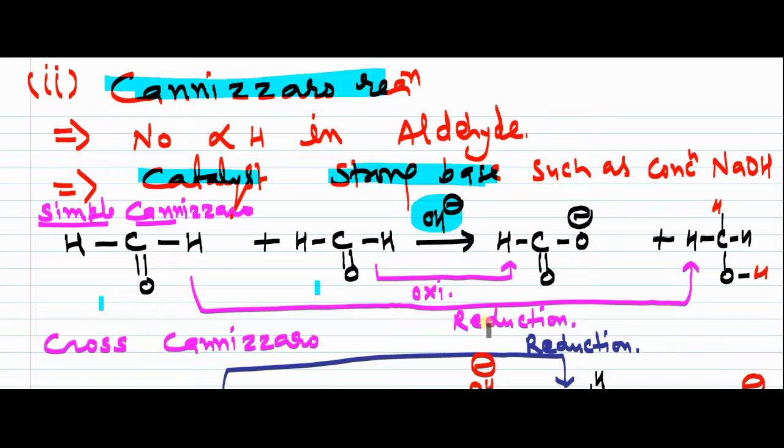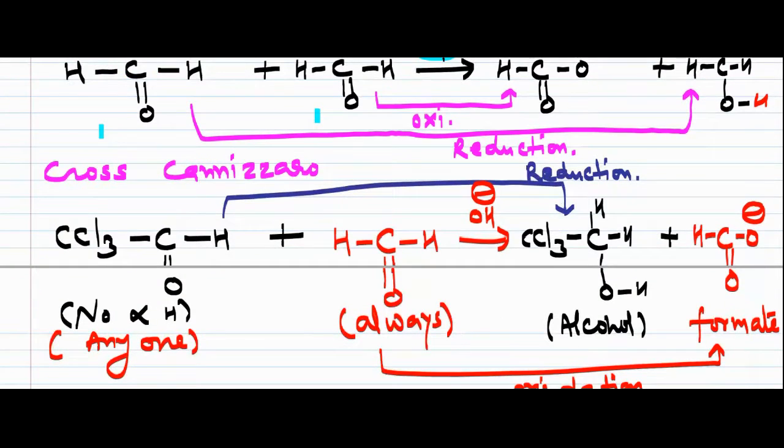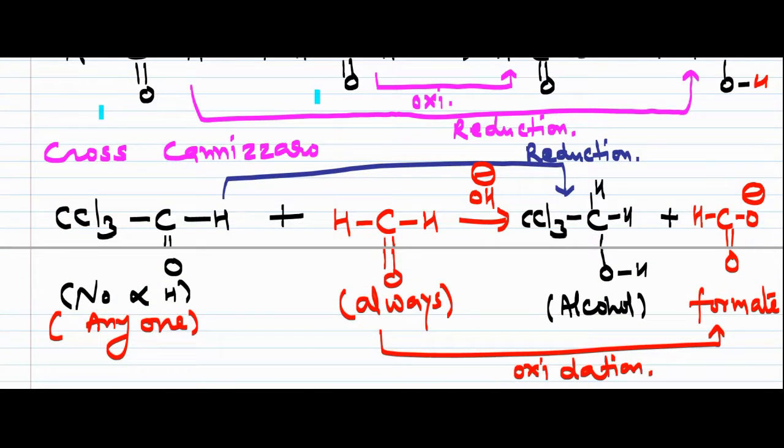Oxidation and reduction take place simultaneously. Result: sodium formate and methanol as products. This reaction is known as the Cannizzaro reaction.